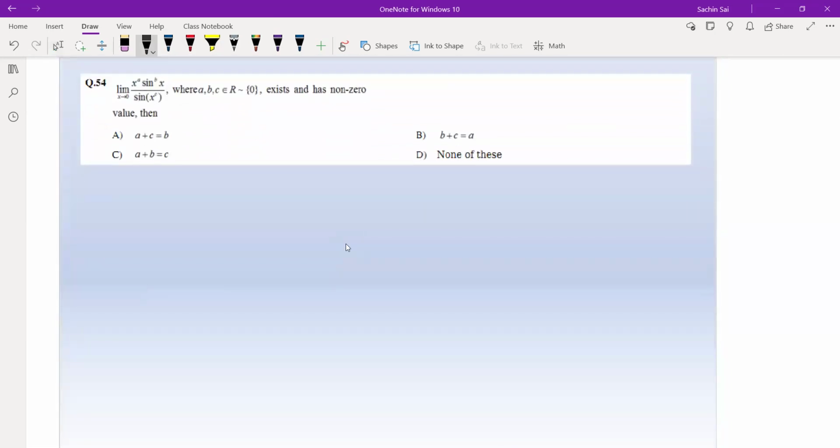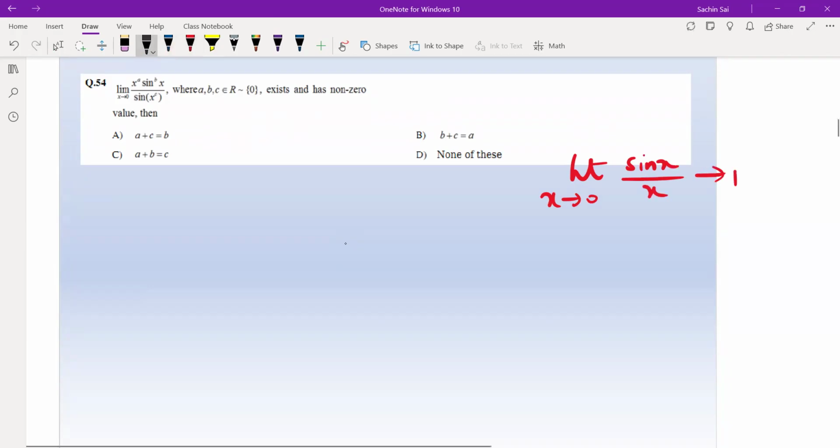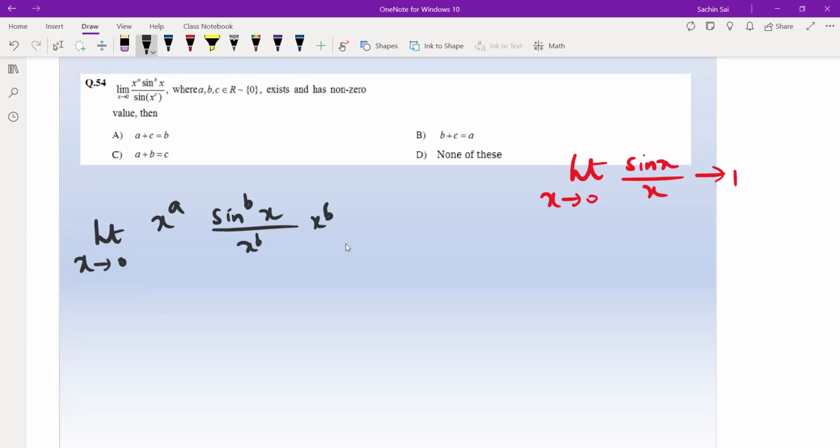Instead, we try to convert this into a standard limit, right? The most standard limit that we have is that limit as x tends to 0, sine x divided by x tends to 1, right? So in this case, I have limit as x tends to 0, x power a, (sine x) whole power b, I will multiply and divide by x power b, right?